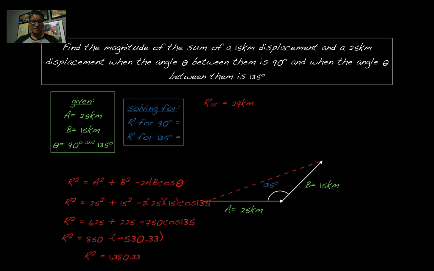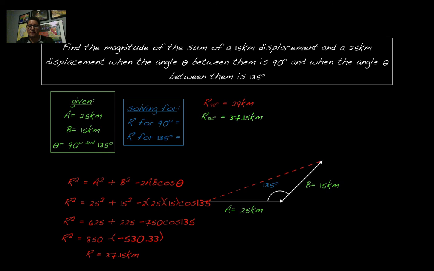So that essentially becomes a positive, and I add it all together, getting 1380.33. I square root both sides so I can get R by itself, and I'm going to end up with the square root of 1380, which is 37.15. So the resultant vector for 135 degrees is 37.15.